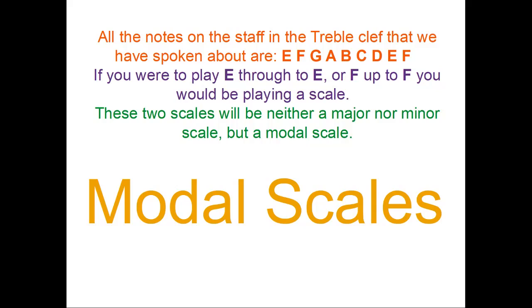Now these two scales will be neither a major scale nor a minor scale, but they would be a modal scale. We'll study the modal scales a little bit later on.